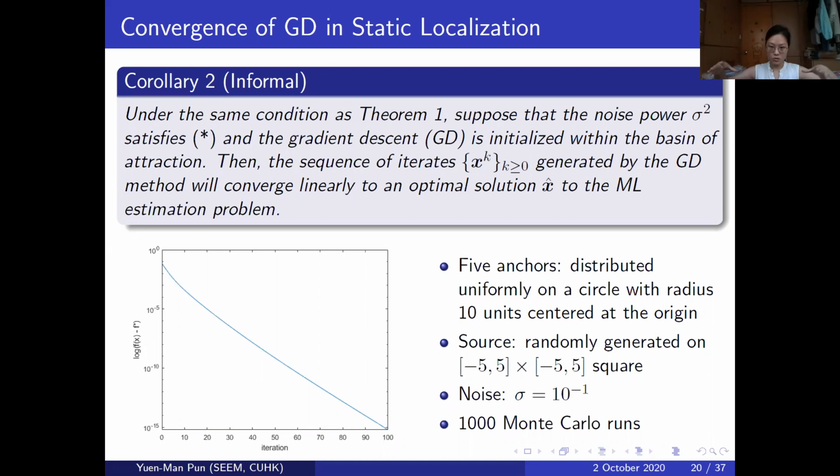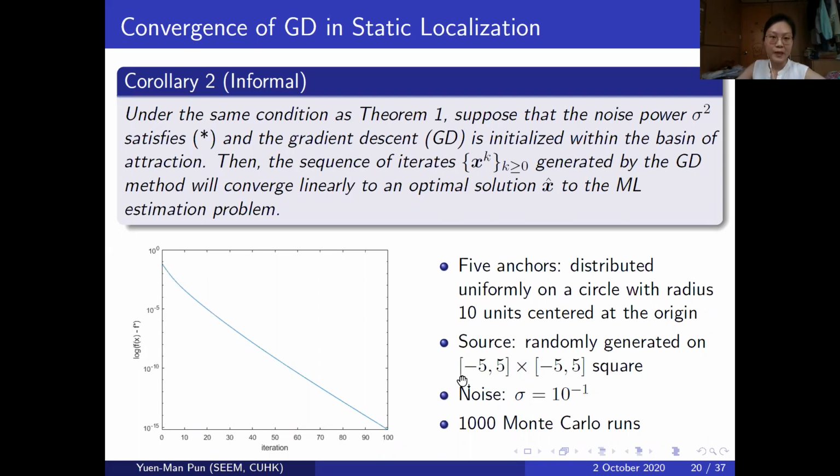So it's a big circle, but the source is randomly generated within a small square inside. And even if we set the noise to be sigma equals 0.1, and we run 1000 Monte Carlo runs, we still have this beautiful linear curve here.